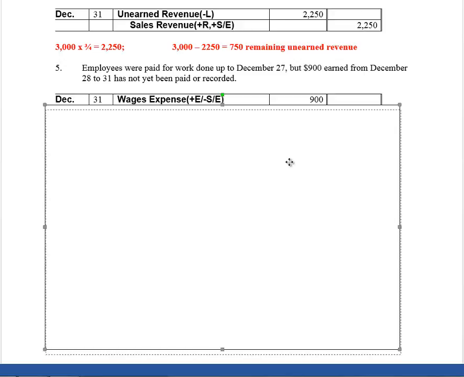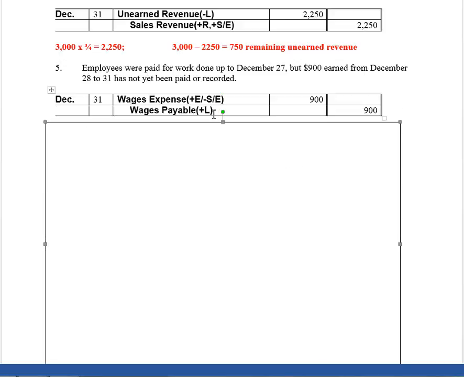So the company has to debit their wage expense and credit wages payable to recognize the fact that the company has an obligation to pay those wages, but they're not going to pay them until January of 2010. So we're going to debit wage expense and we're going to credit wages payable.